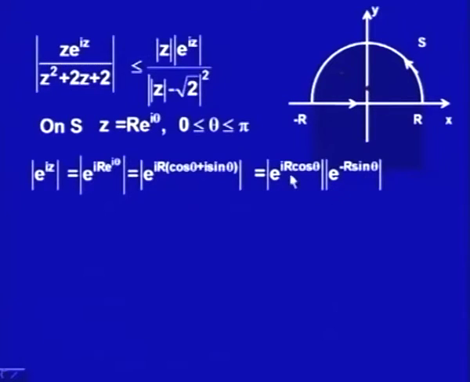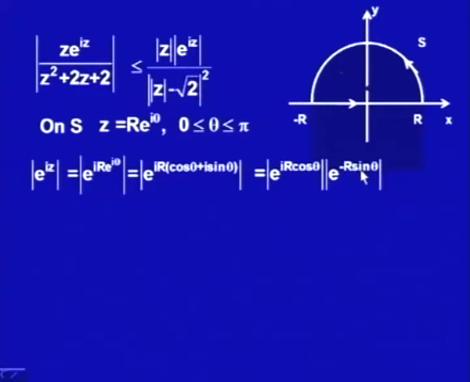Now, the absolute value of e to the power i r cos theta, whatever be this e to the power i x, this modulus is always 1, because by Euler's formula it is cos x plus i sin x, and sin square x plus cos square x is always 1. So, this is 1, and r we are taking as a positive value.